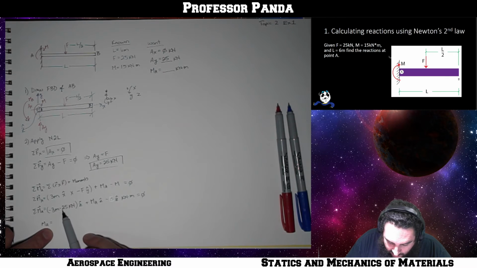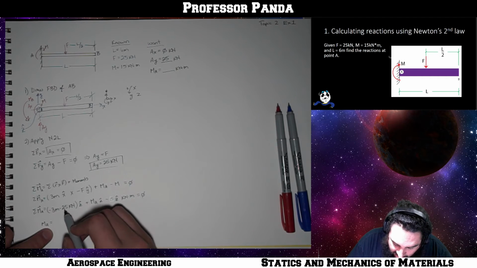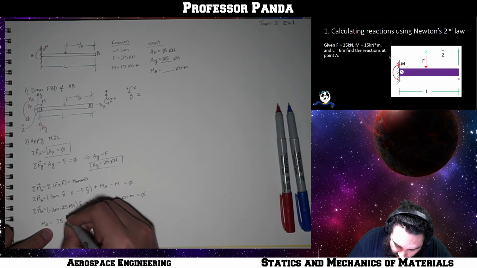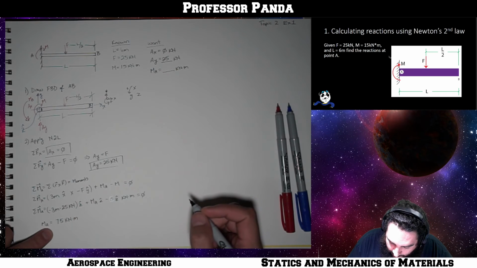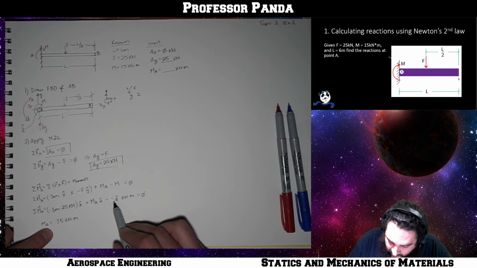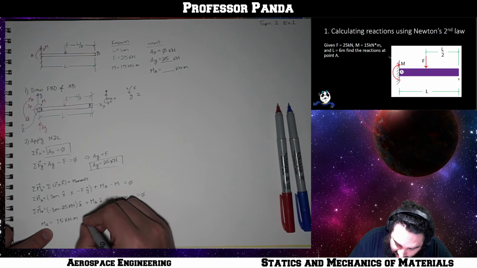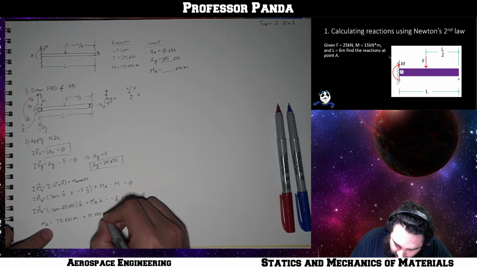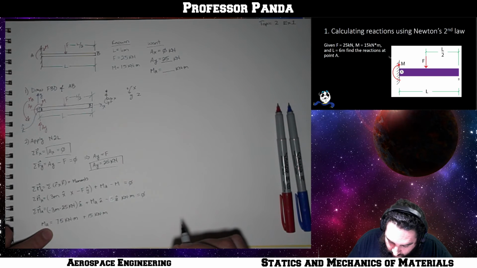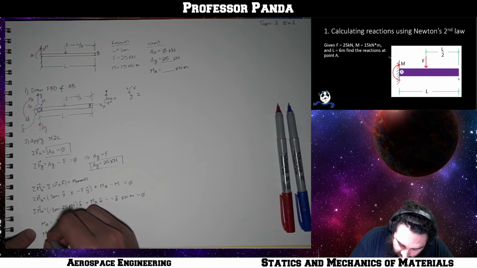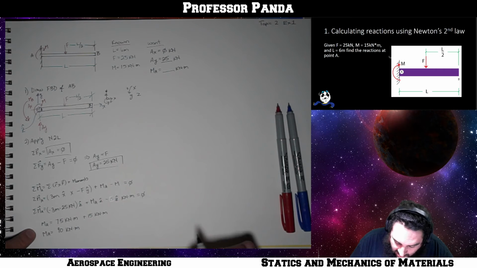This term is negative. So when it goes to the right-hand side, it'll become positive. And 3 times 25, 75 kilonewton meters. Okay, negative 15 goes to the right hand side, becomes positive. Okay, so MA is going to be equaling 90 kilonewton meters.